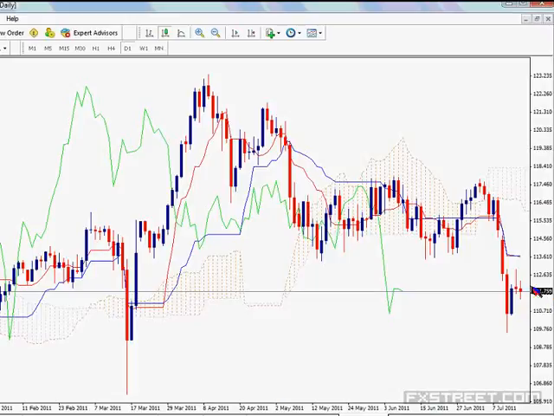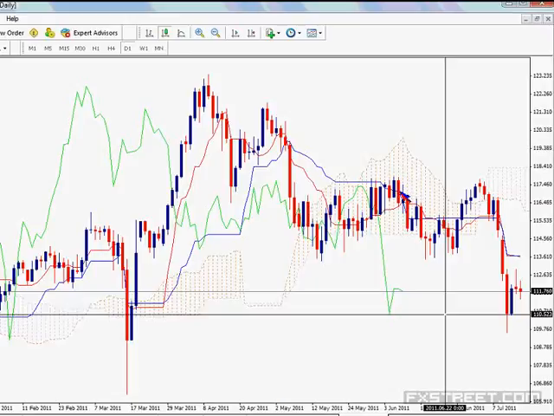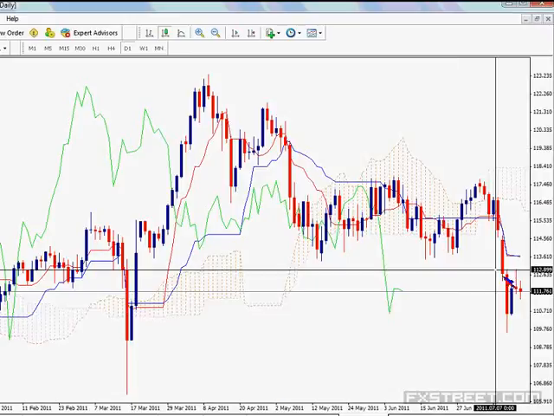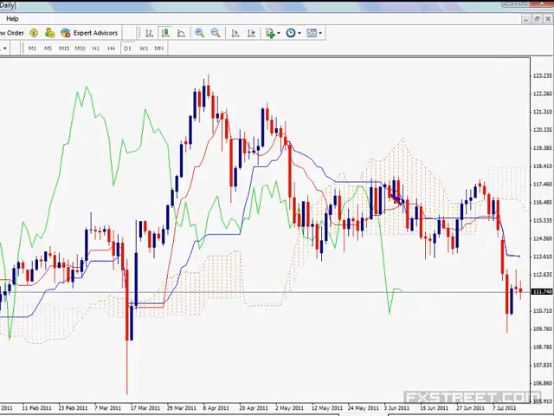If I have right now a buying signal and with this green line way below the price of that time, then that buying signal should not be considered a good or a strong one, okay? Why? Because the green line is below the price of that period back. The green line should be on the right side of the market. If it's below, it's bearish. If it's above, it's bullish, okay?